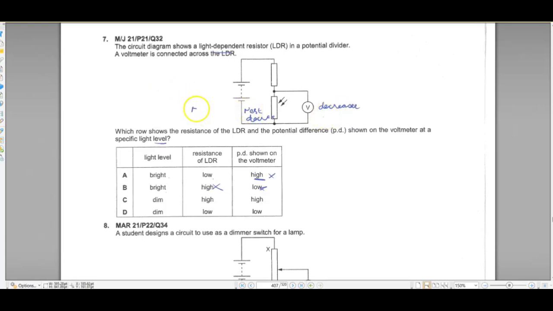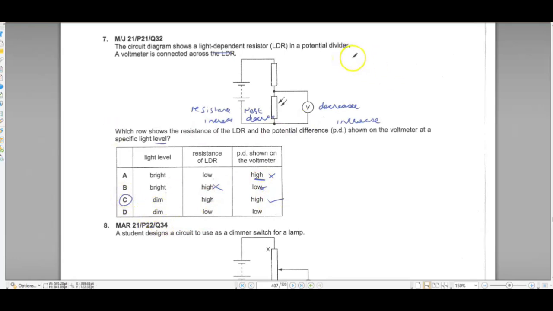And if the light is decreased, the resistance is going to increase, and so will be the PD on this voltmeter. Okay? So now when the light is dim, the resistance is going to be high, and then the PD shown on the voltmeter is going to be high as well. So C is the correct answer.